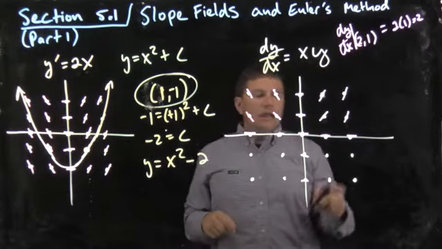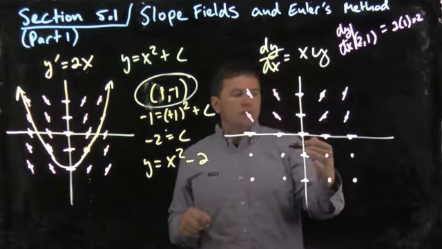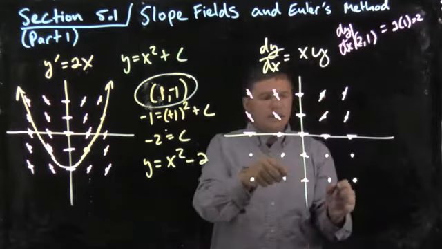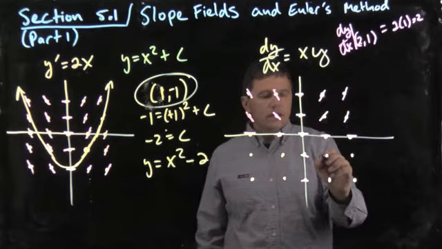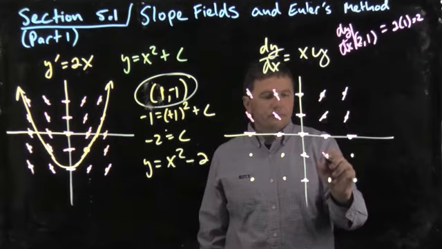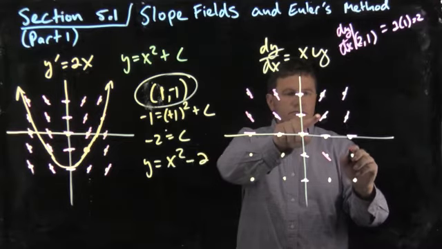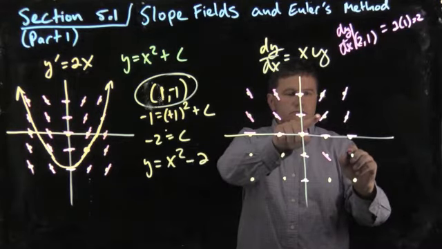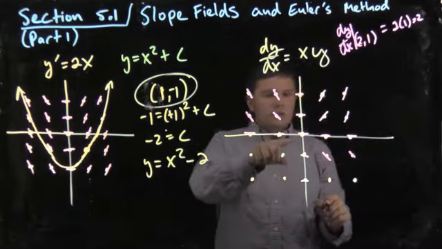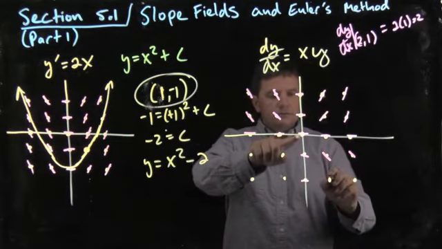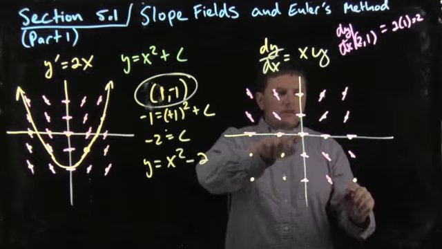Okay. Now over here, same thing actually, because we'll have the x is positive, but now the y is negative. So this will be -1. This will be -2. This is going to be -2. And this is going to be -4.